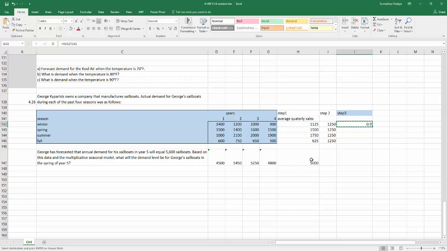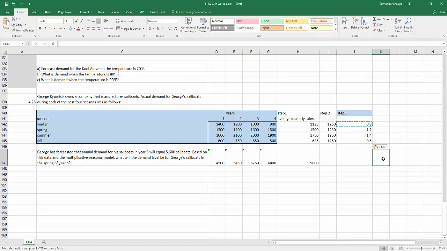That gives us the seasonal index, which means this is almost close to the uniform demand. This is slightly above the average quarterly demand. This is a lot more than the average quarterly demand, and fall is the dull season wherein only 50% of the average sales happens.